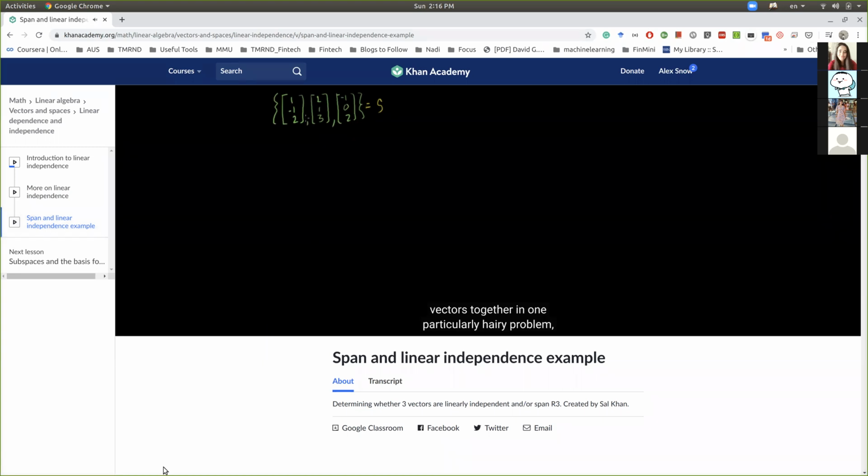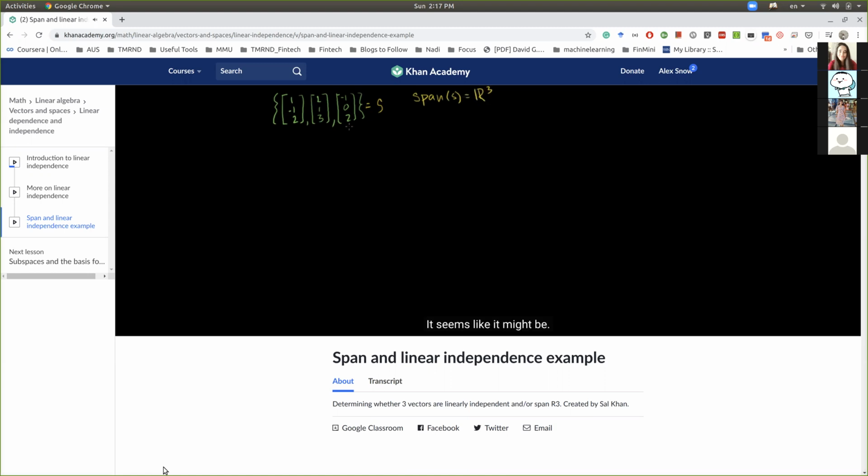The span of a set of vectors together in one particularly hairy problem, because if you understand what this problem is all about, I think you understand what we're doing, which is key to your understanding of linear algebra, these two concepts. So the first question I'm going to ask about this set of vectors S, and they're all three-dimensional vectors, they have three components, is the span of S equal to R3?